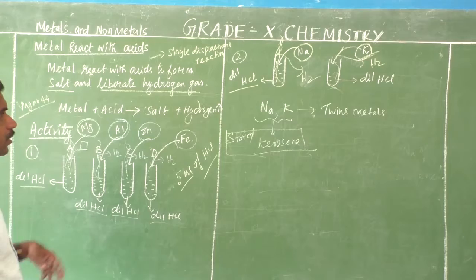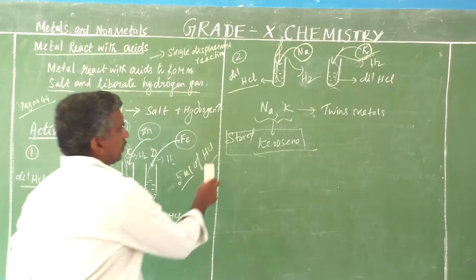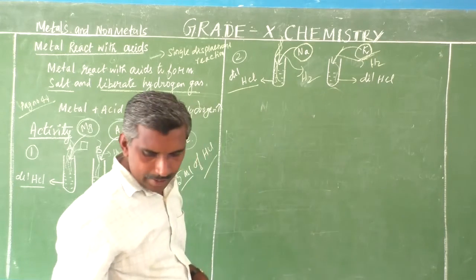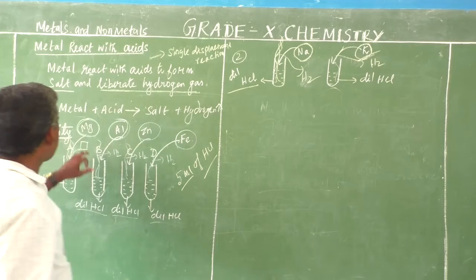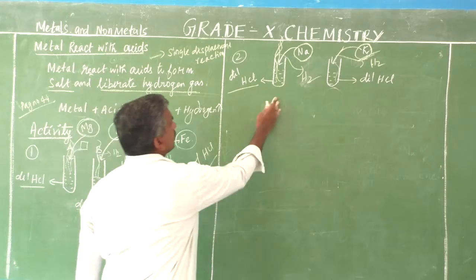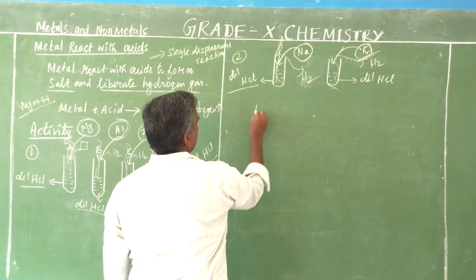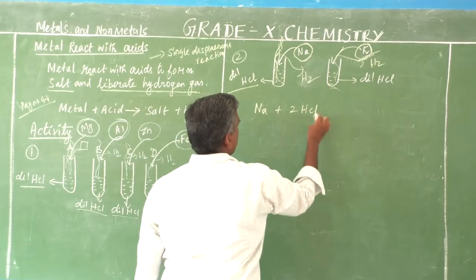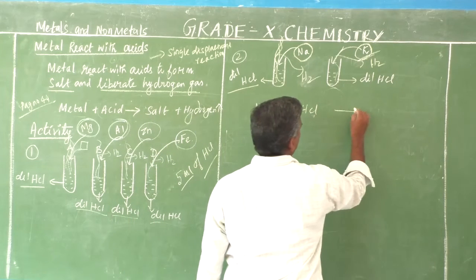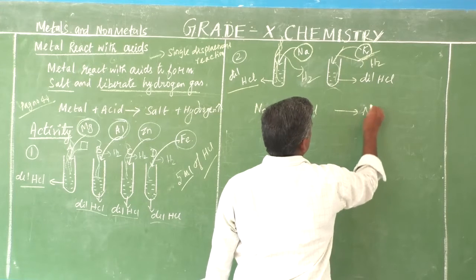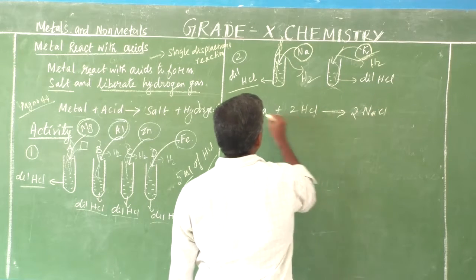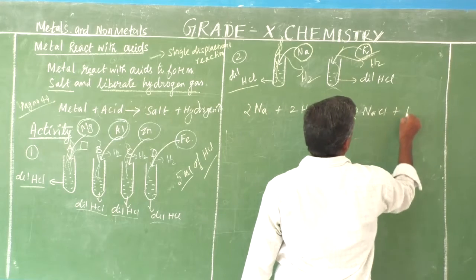Now I will write the equations for all the reactions. First sodium: a highly reactive metal reacts with dilute hydrochloric acid to form NaCl plus hydrogen gas.